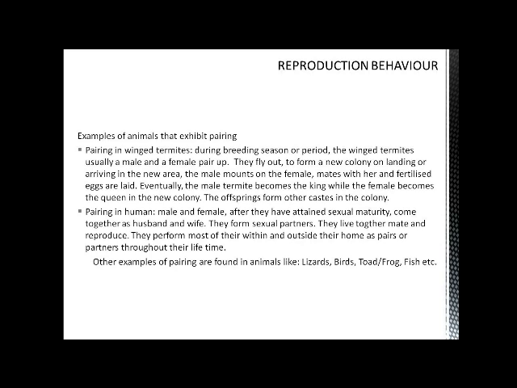Another example is pairing in man. In man, pairing happens in this way. The male and female come together, like it happens all over the world. The man will approach a lady and do all the necessary things.